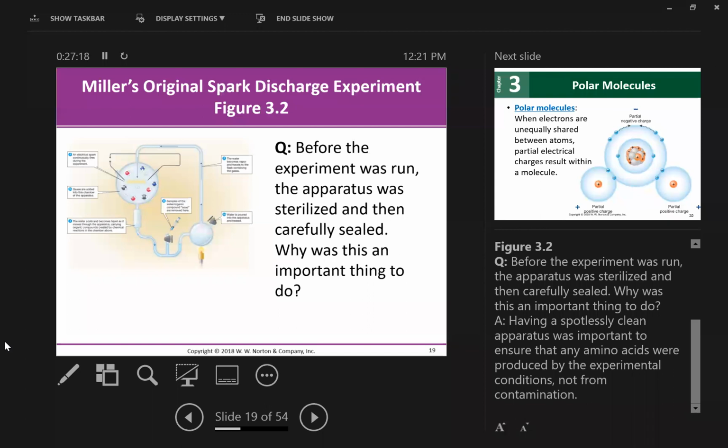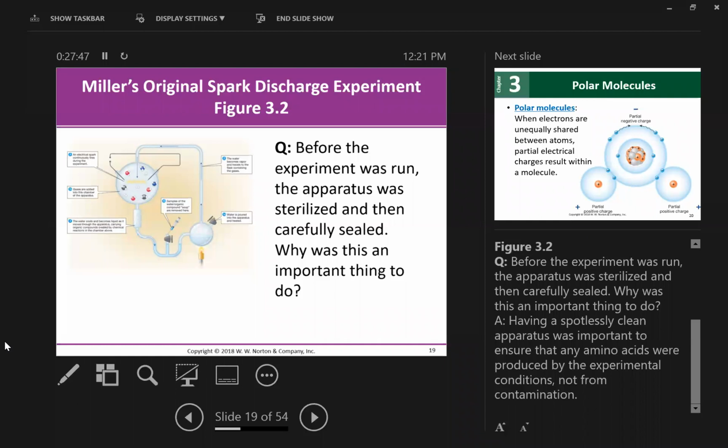So, before the experiment was run, the apparatus was sterilized, then carefully sealed. Why is this an important thing to do you suppose? Well, having a spotlessly clean apparatus was important to ensure that any amino acids that were produced by the experimental conditions were made from the experiment, not from contamination.